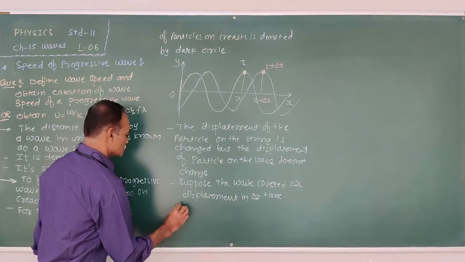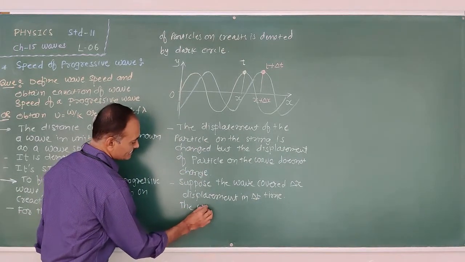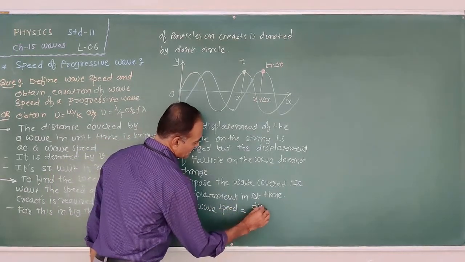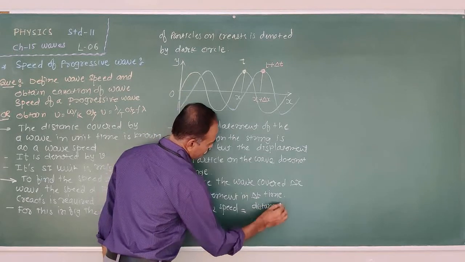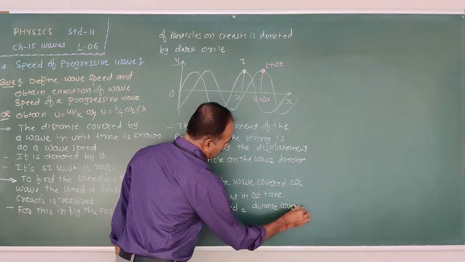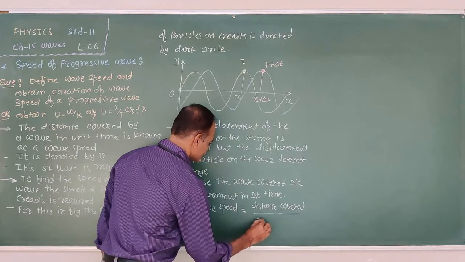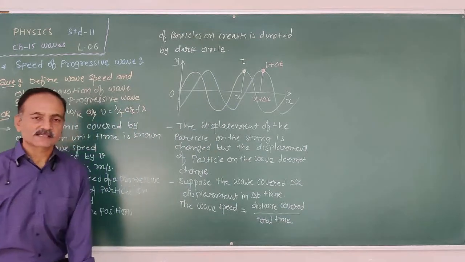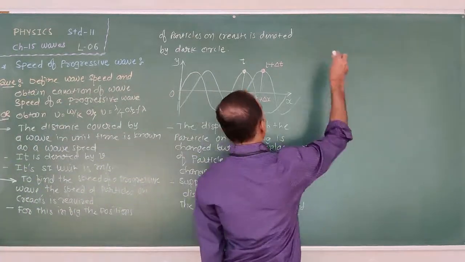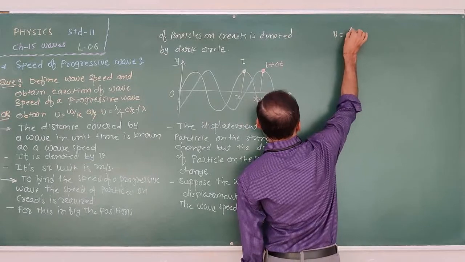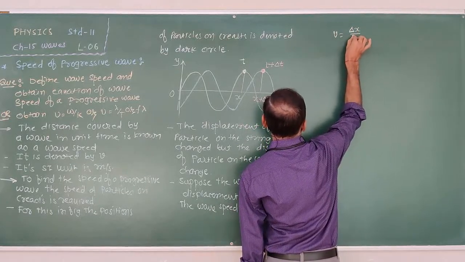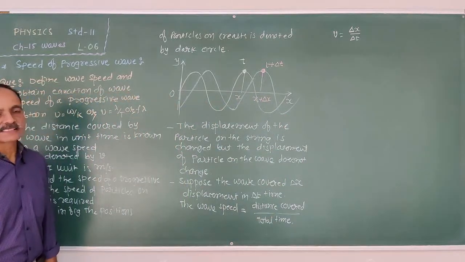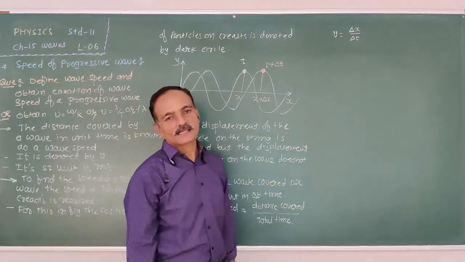Then the wave speed is equal to distance covered upon total time. What is the time taken for this displacement? Therefore, wave speed v is equal to delta x upon delta t. Here the distance covered is delta x and the time taken is delta t.